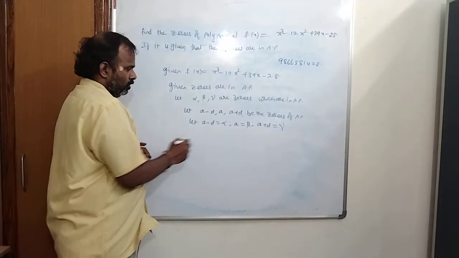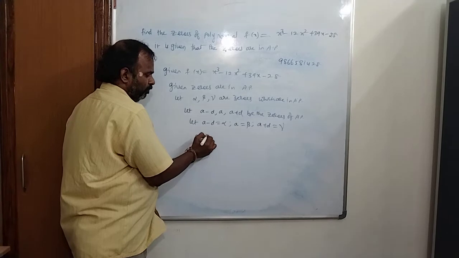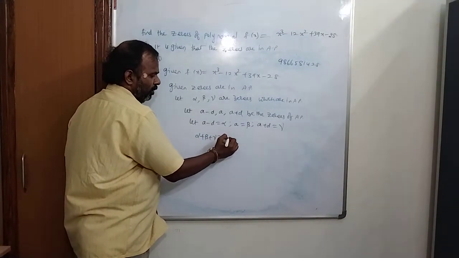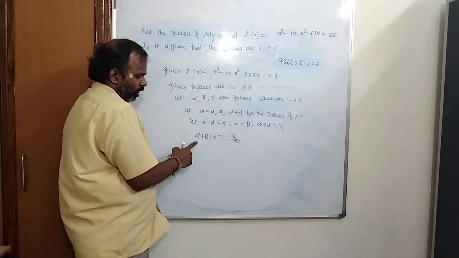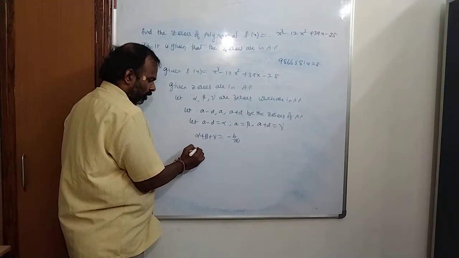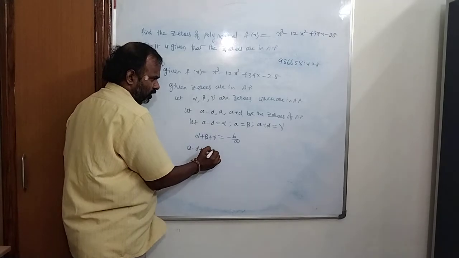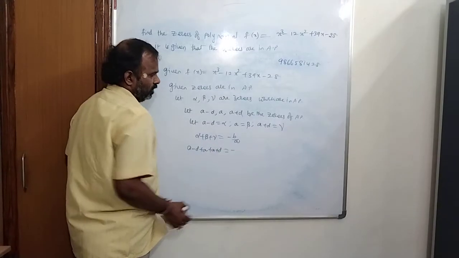So here alpha plus beta plus gamma is equal to minus b by a. Now here alpha is a minus d, plus a, plus a plus d.